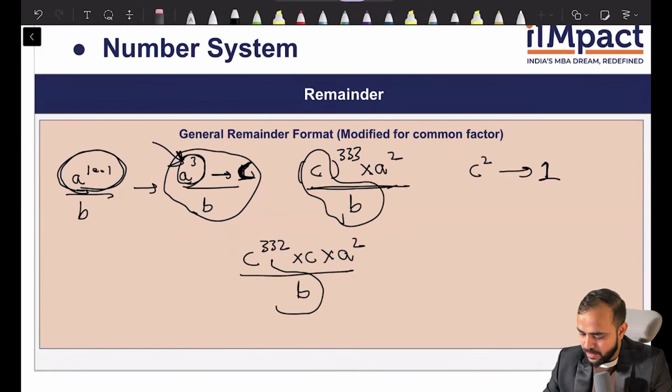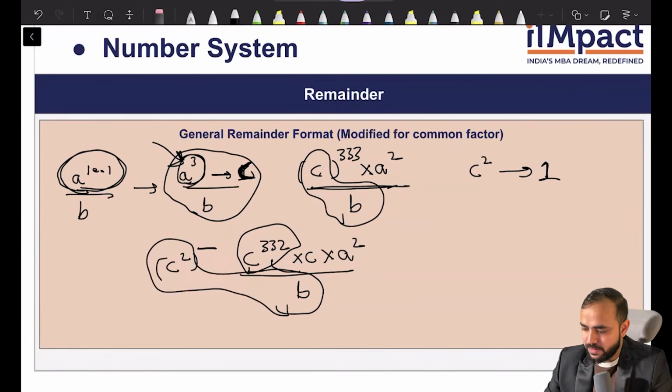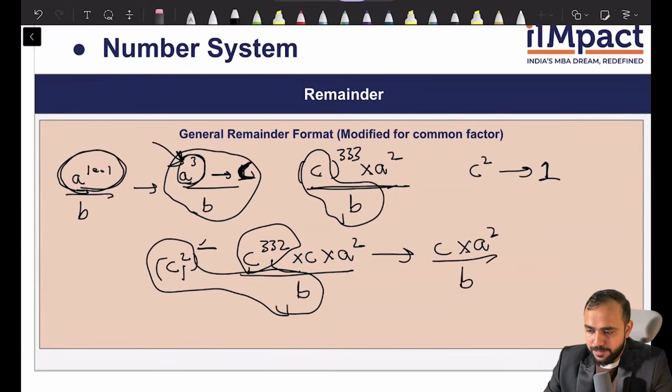Now I know that when I write this c to the power 332 as c square to the power something, c square will leave a remainder of 1 and 1 to the power anything will be 1. So my final answer will be c into a square divided by b, whatever the remainder will come from here.